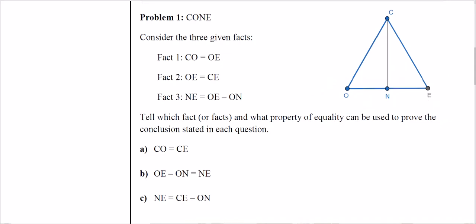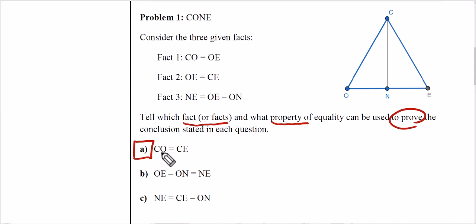The problem is asking us to state which fact we're going to use and which property we're going to use to come to this conclusion. So for part A, we notice that CO is equal to CE. That's not a fact. We're going to prove that fact. What fact could we use?